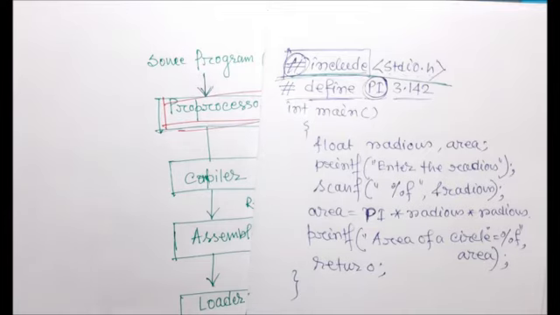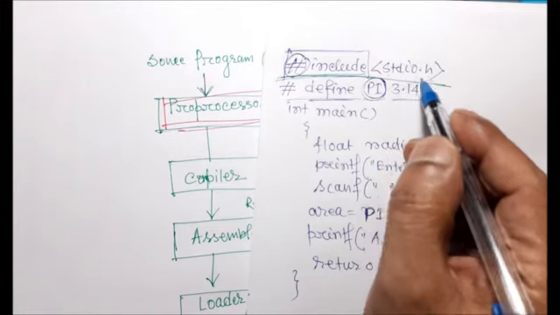The task of the preprocessor is to include the content of the specified file. So #include will tell the preprocessor to include all the content of the library file stdio.h.